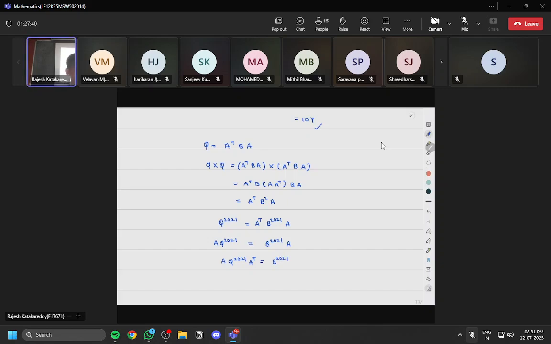Done? So you can say P power 2021. Oh, they are asking the inverse of this. So the inverse of a 2 by 2 you can easily do. Clear?